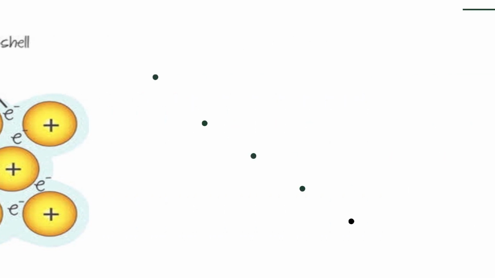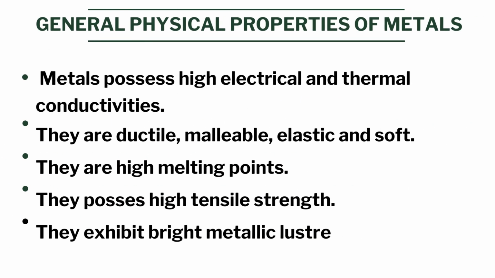So let's look at the general physical properties of metals. Number one, they are very good conductors of electricity. Why do you think you put metal in a live wire and you will be shocked? Because it possesses high electrical and thermal conductivities.